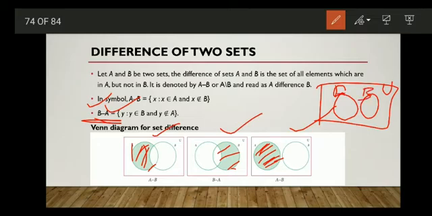A, B. B difference A means elements will be only in B. So we have to shade only B. This will be B difference A when A and B are disjoint sets. So the difference of two sets A and B, A difference B, will be the collection of elements only in set A, and those elements will not be in set B.